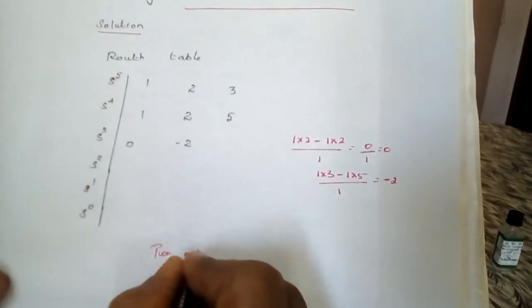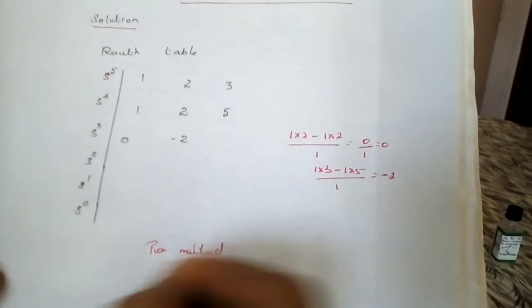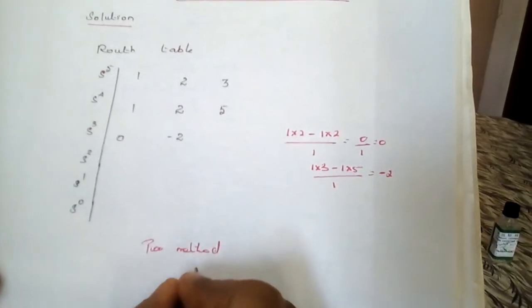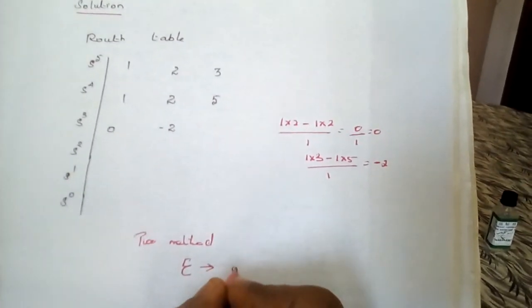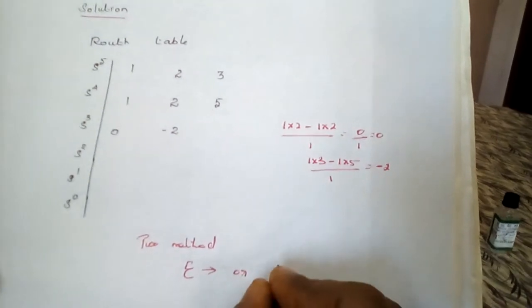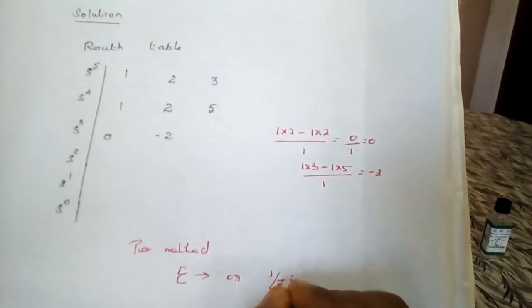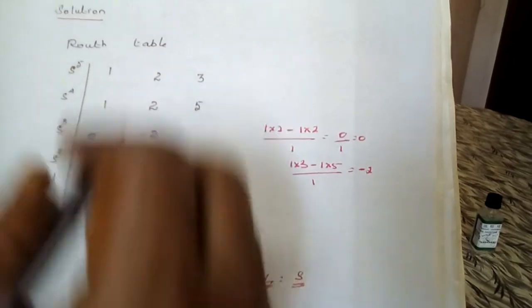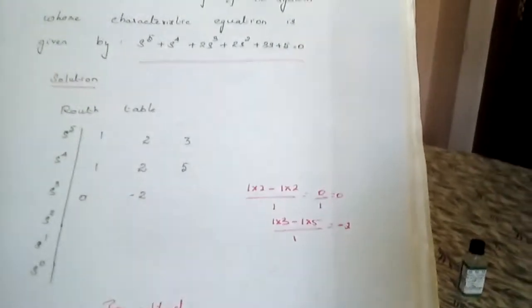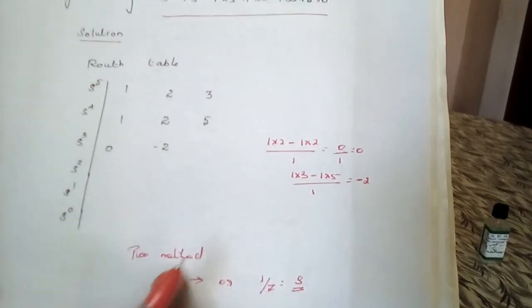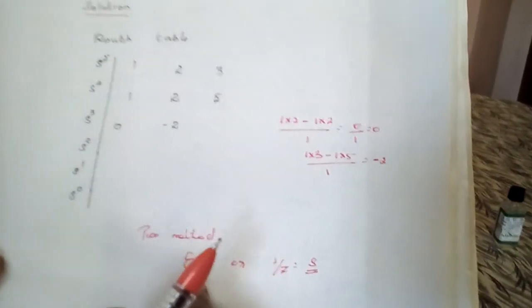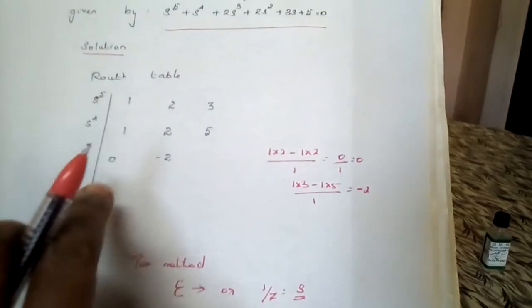One method is substituting epsilon for the zero value, or substituting 1 by z for the s term in the characteristic equation. Why am I substituting these? In order to check the stability.